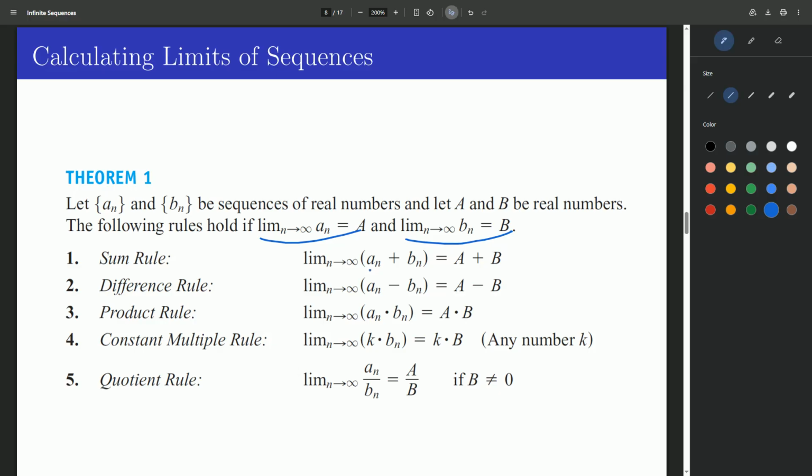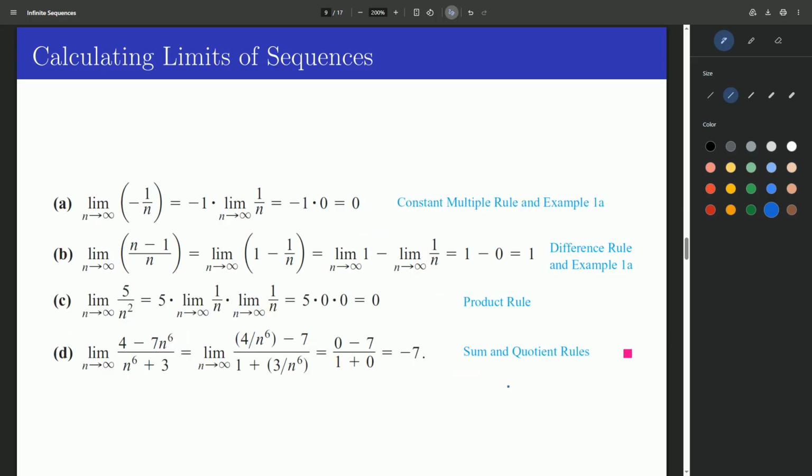Instead of finding the limit of the sum of a_n and b_n, we can study a_n and b_n separately, and then the limit of the sum is the sum of the limits, the limit of the difference is the difference of the limits, and so forth. For the quotient rule, we need to know that the limit of b is different from 0, then we can use the quotient rule.